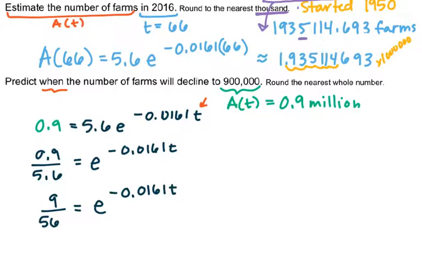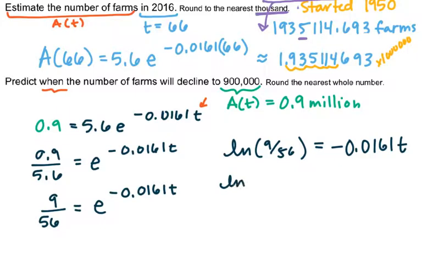And of course, solving this like we did in our previous two word problem examples, I'm going to take the natural log of both sides, the natural log of 9 over 56, and when I take the natural log of e, that's going to cancel, and I just get the exponential argument, negative 0.0161 t. And at this point, I will divide. So dividing by negative 0.0161, that will give me my t value.